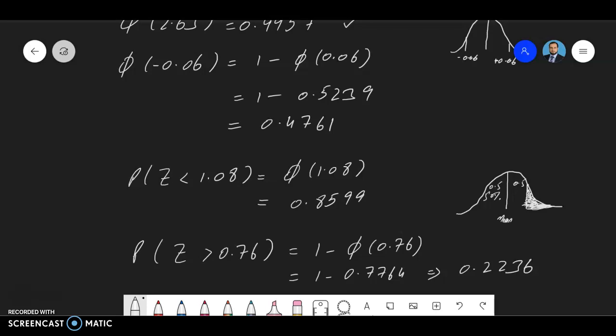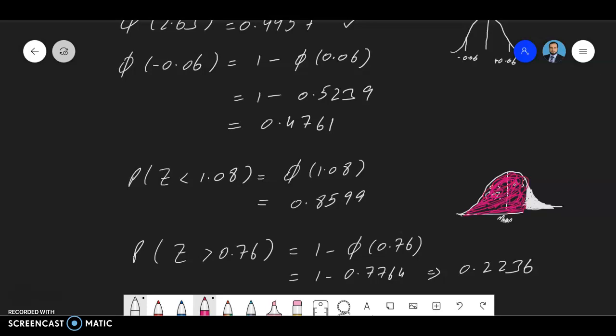So here, as we can see, because it's greater than this, we know till here, and we are interested in finding the area under this part here. So what we can do is find the area from here all the way to this place. Technically, what we did over here was find the area under this part, which is phi of 0.76.